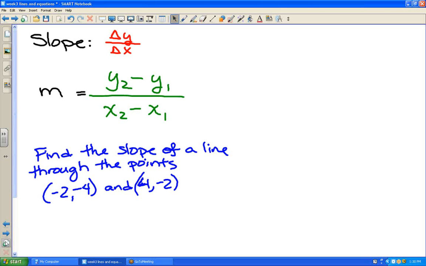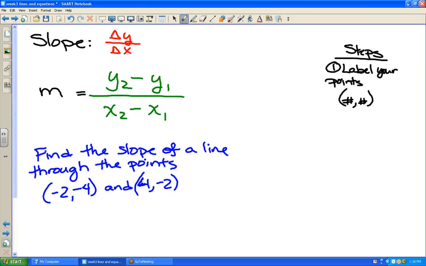All right, so I have steps. I always have steps. Sometimes I don't say them, but I always have steps. Step 1. Label your points. And remember, points are always a number, comma, another number.